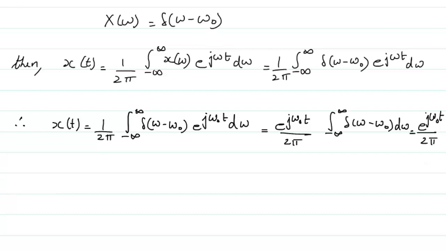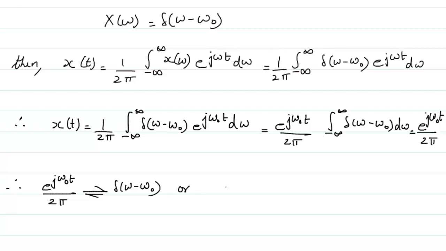Therefore the Fourier transform of that gives me delta omega minus omega naught.